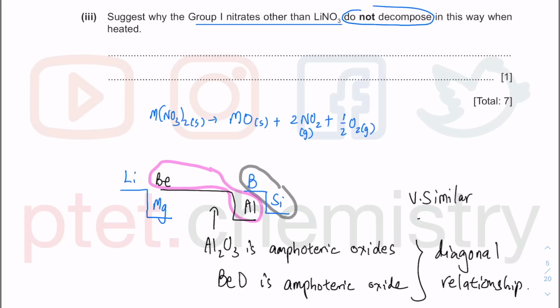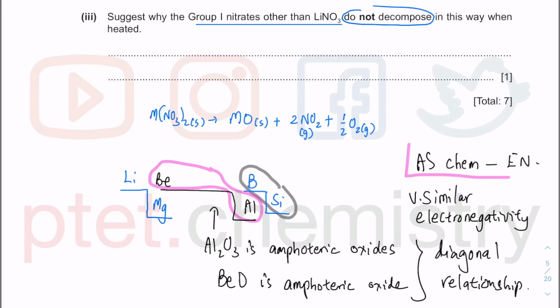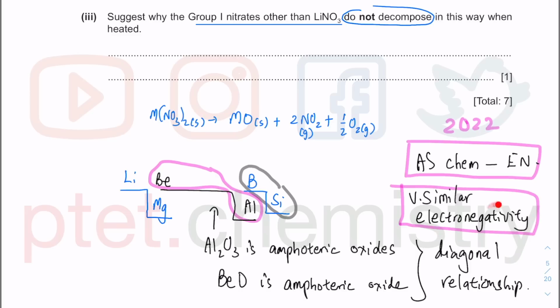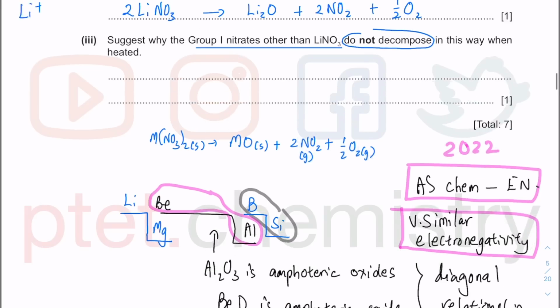Actually, it might still be asked in your new syllabus. If you look at AS chemistry in the new syllabus, they can give you electronegativity values. This is stated in the 2022 syllabus, where they are expected to be able to use electronegativity values, and if they have similar electronegativity values, when they combine with oxygen, their property is going to be similar. So I stand corrected. I think it could be asked in the new syllabus as well.